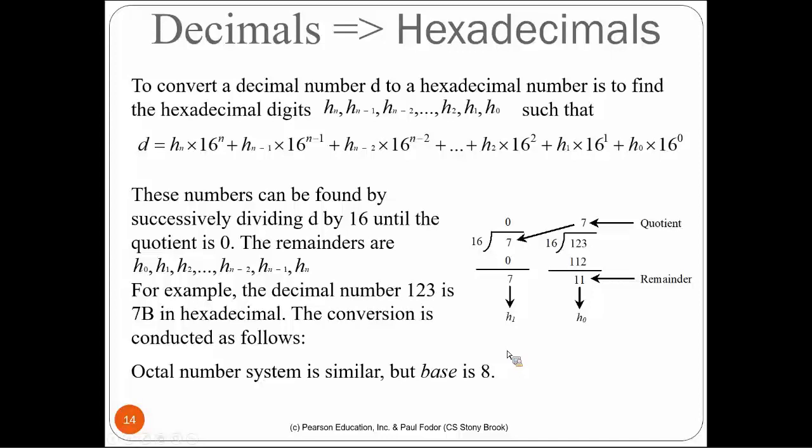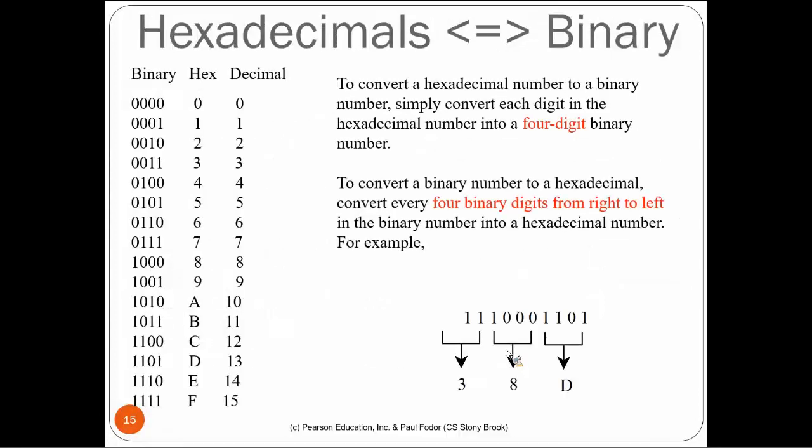However, in most cases, we are not doing directly division with 16 or multiplication with powers of 16. Why? Because we can do it easily by transforming the decimal number to binary, and then every 4 digits grouped from the right hand side in any binary number transforms into exactly 1 digit in hexadecimal.